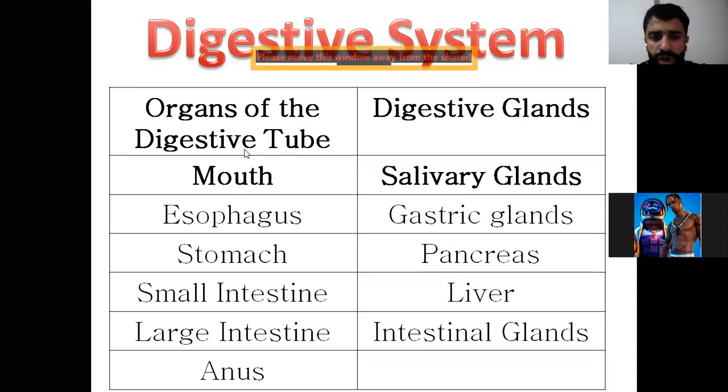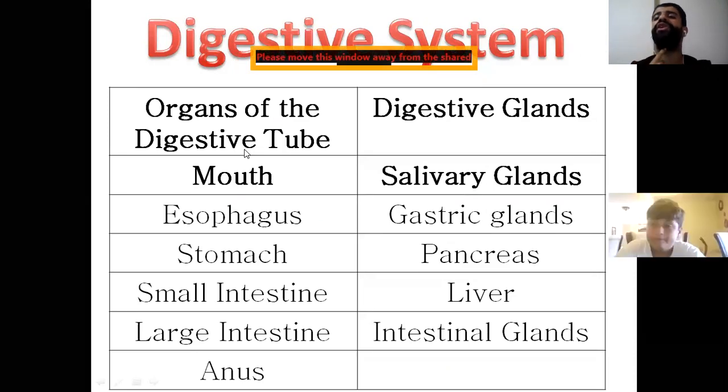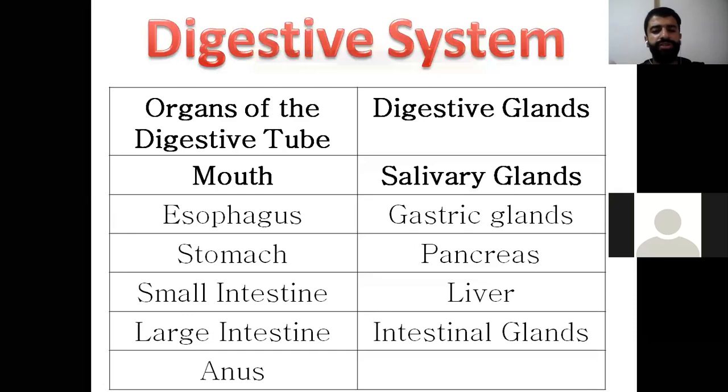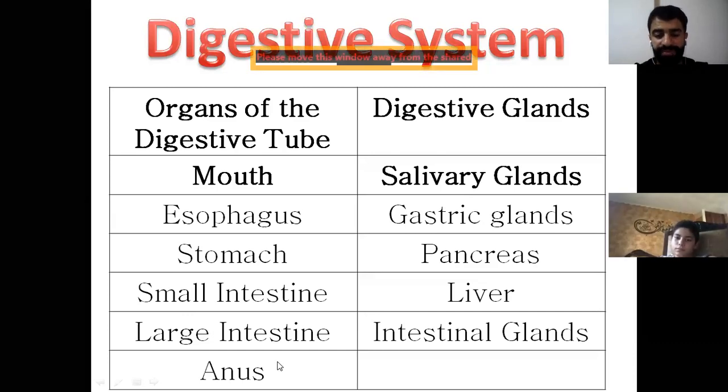Organs of the digestive tube: we have the mouth, the esophagus, the stomach, the small intestine, the large intestine, and finally the anus, where the excess food is going to be excreted outside the body in the form of feces, or stool, in the form of waste. So whenever you go to the bathroom to get rid of excess food, it is excreted through the anus in the form of feces.